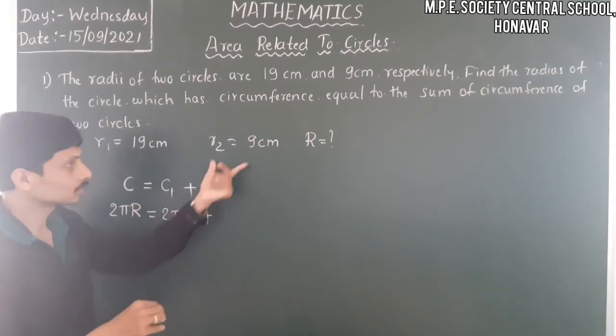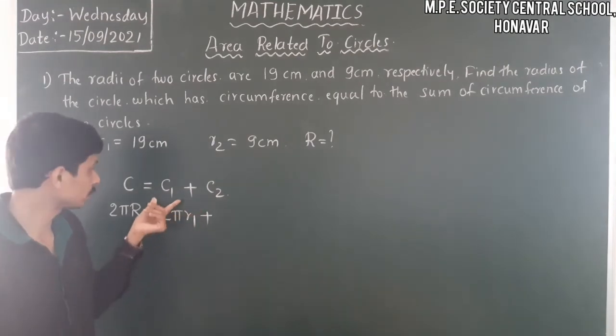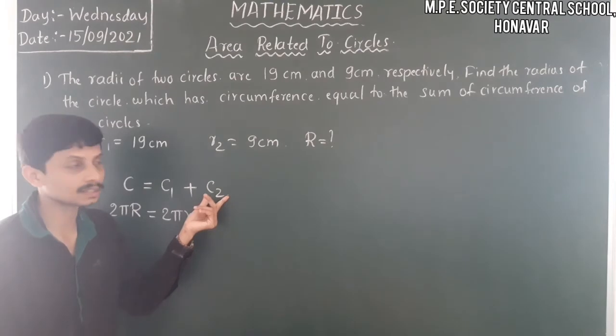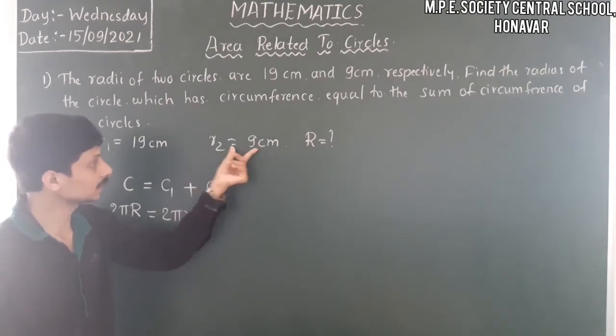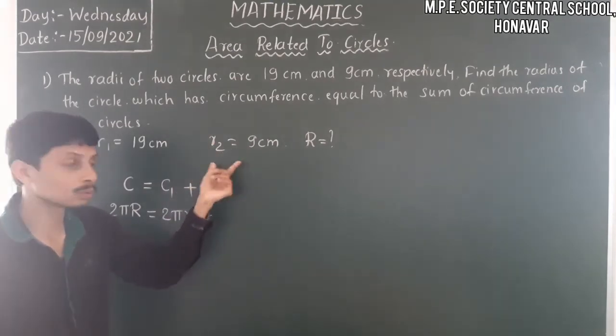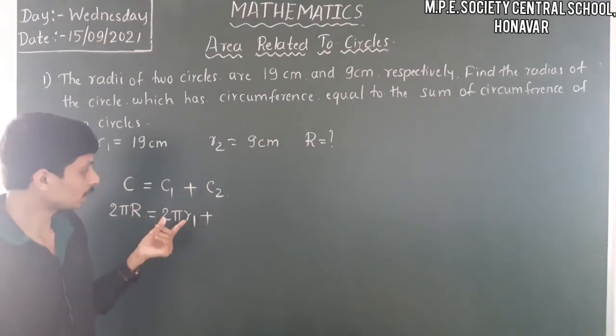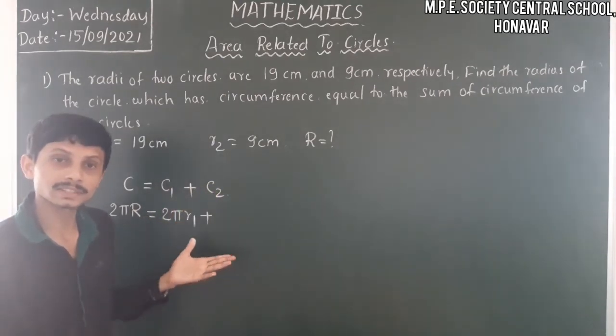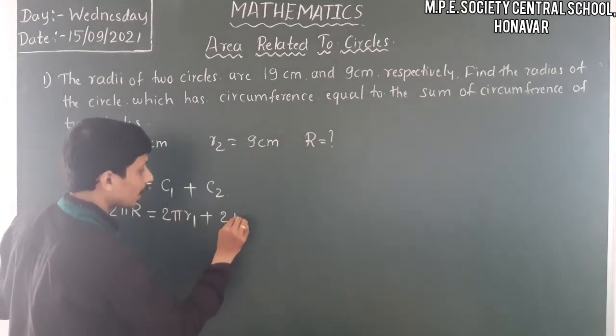And C2, the circumference of the second circle with radius 9 cm, which is R2, is 2 pi R2.